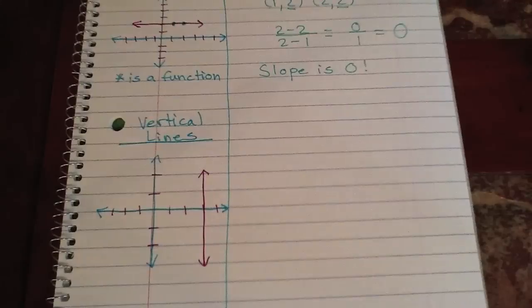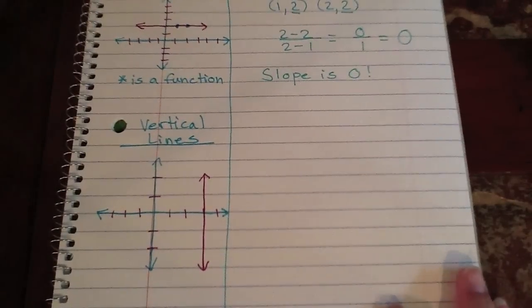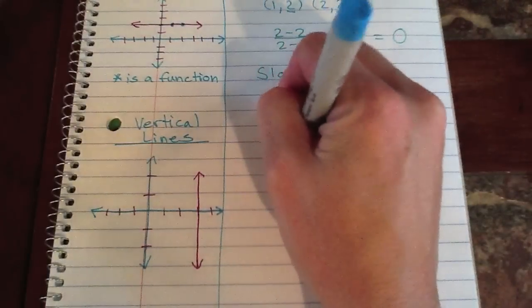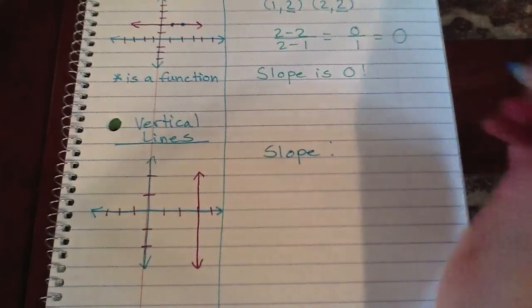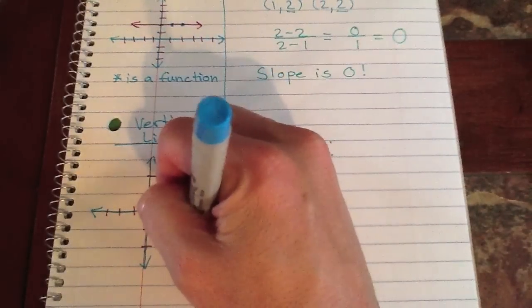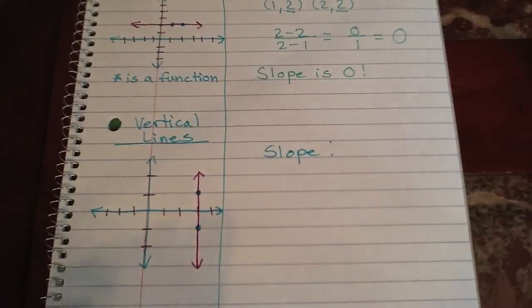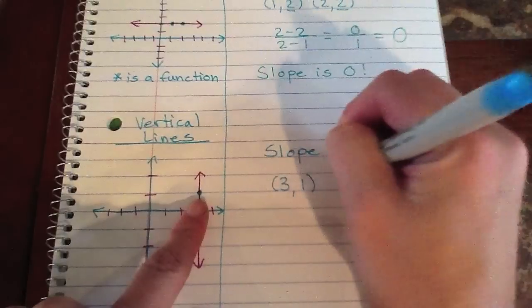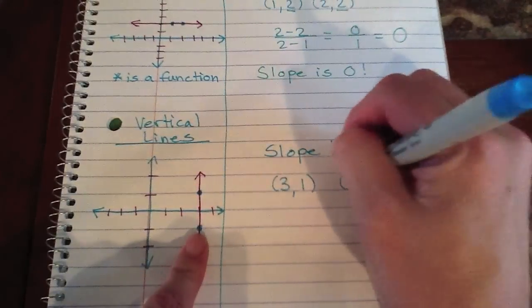So that is my vertical line right there. And now we can do the same exact thing to find the slope. We pick any 2 points. So maybe we pick this point and this point. And we end up with 3, 1. And we end up with 3, negative 1.